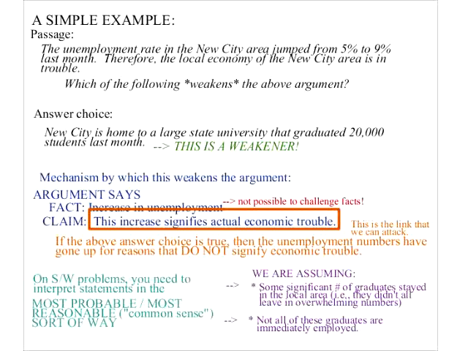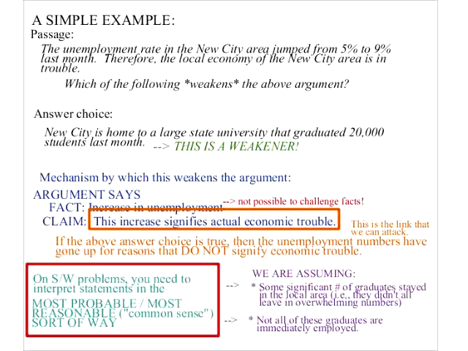This is not something that you do on other question types. This is absolutely not, for example, something that you would do on draw the conclusion questions. But you have to make the most probable assumptions about stuff. In other words, you have to interpret statements the way that sort of common sense people on the street would interpret them. So for instance, you need to interpret something about whether these people are leaving town or not.